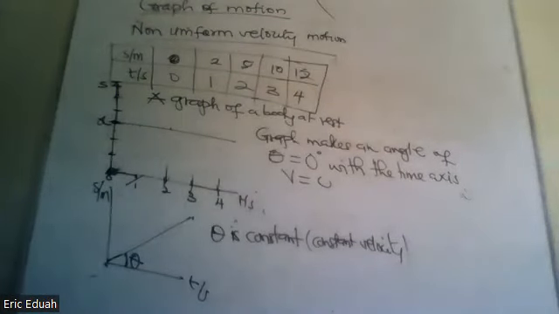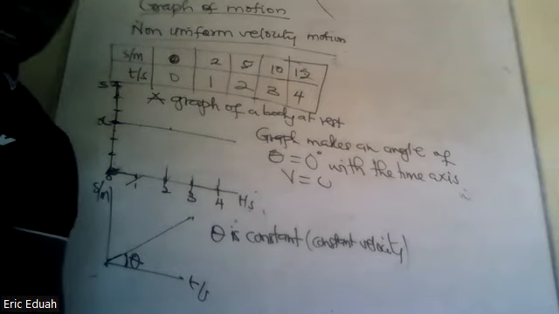Here, this line, whose gradient is 0, is parallel to the time axis, isn't it? And what is the angle between parallel lines? Parallel lines have an angle of 0 between them. Are you there?